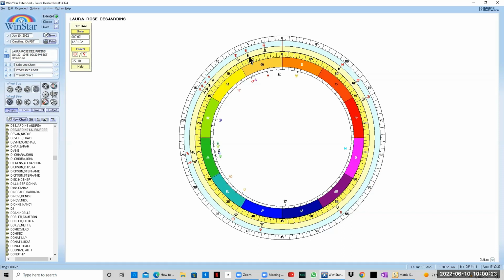Juno, which is an asteroid which deals with relationships, is about 5.5 degrees. Neptune is at 7.25 degrees. The ascendant is 12.25. Chiron is at 13, close to 13.5. Jupiter and Venus are both at 14 degrees of cardinal.